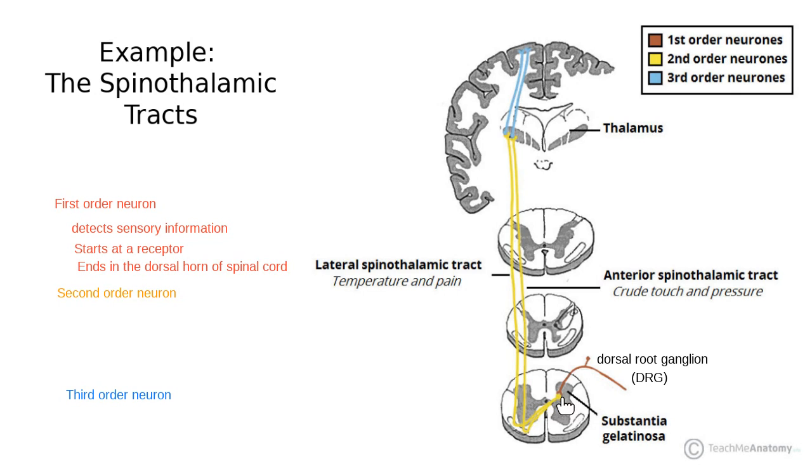My second order neuron starts in the dorsal horn, travels through the tracts, through the white matter of the spinal cord, and ends at the thalamus. It ends at the thalamus. So let's write some notes for ourselves. My second order neuron is an interneuron. It starts in the dorsal horn.